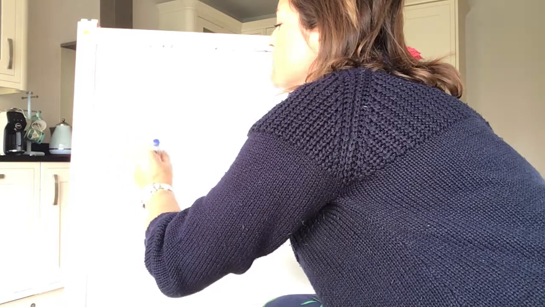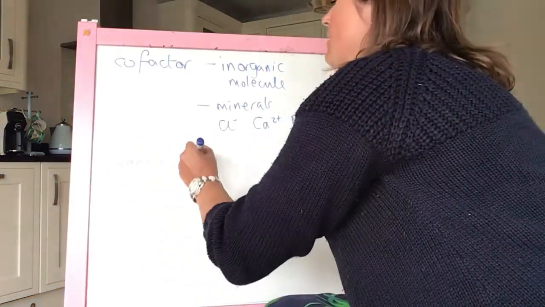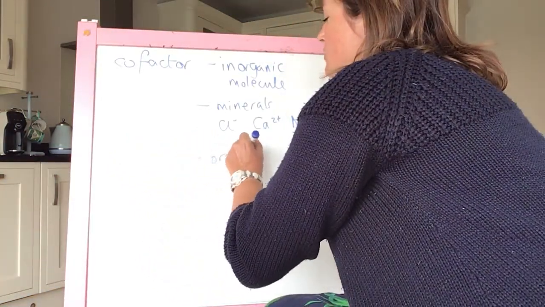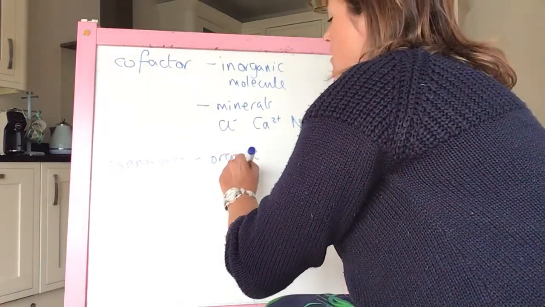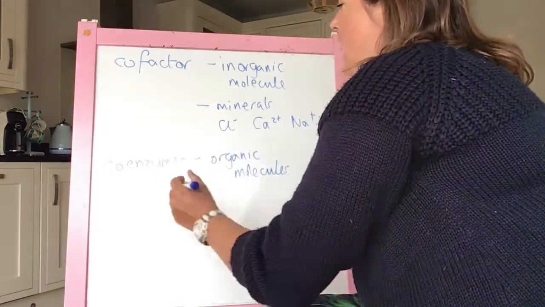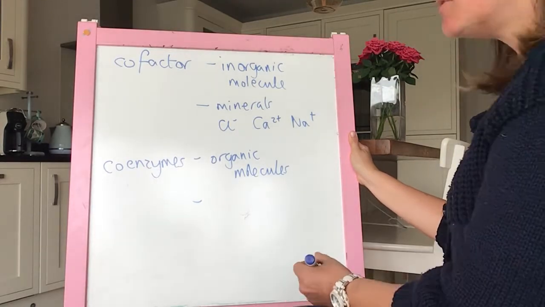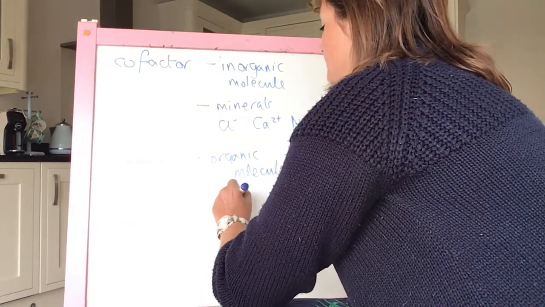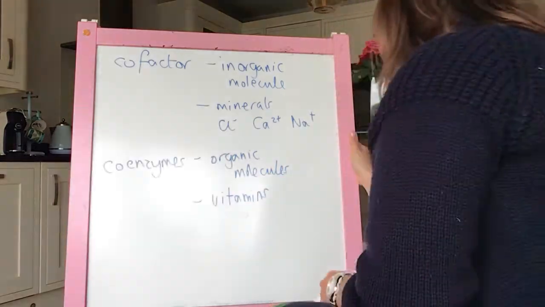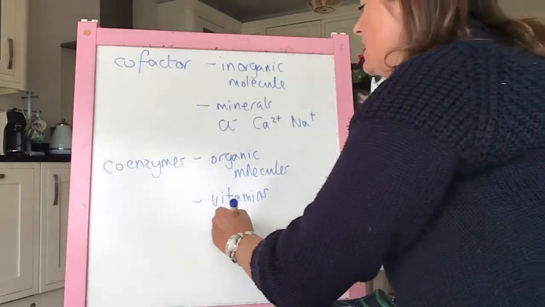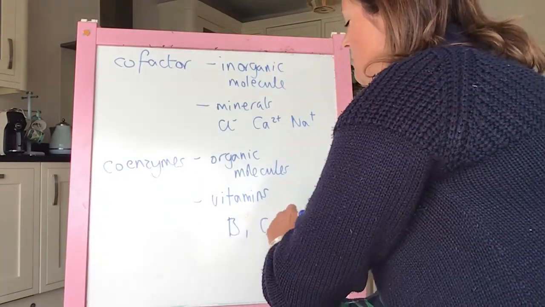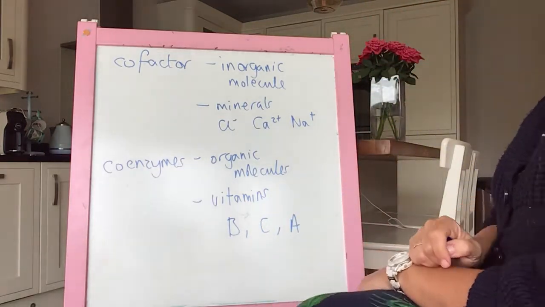Coenzymes, which is what I'm really interested in today, are organic molecules, which means that they contain carbon. And they are derived from vitamins that you get in your diet. For example, vitamin B, or C, or A. Okay?